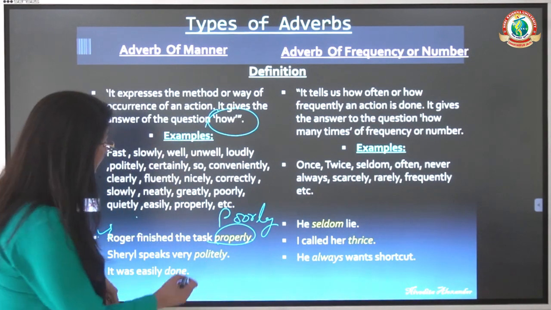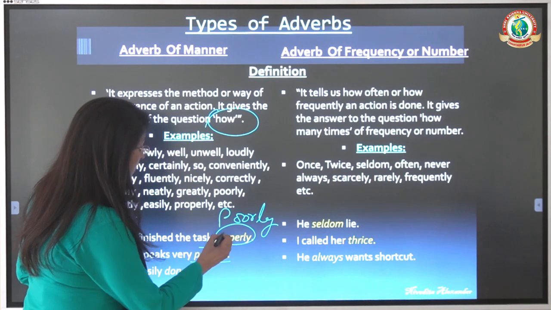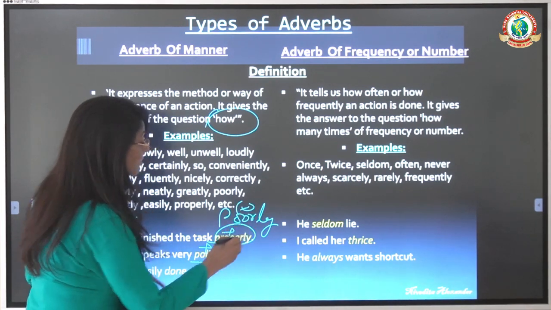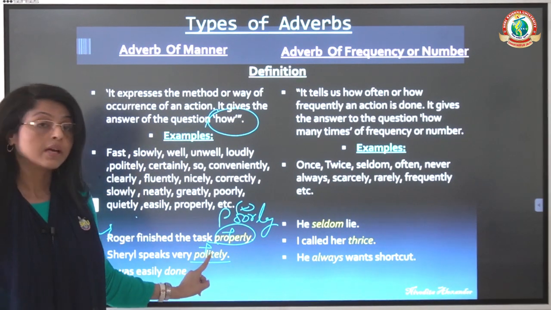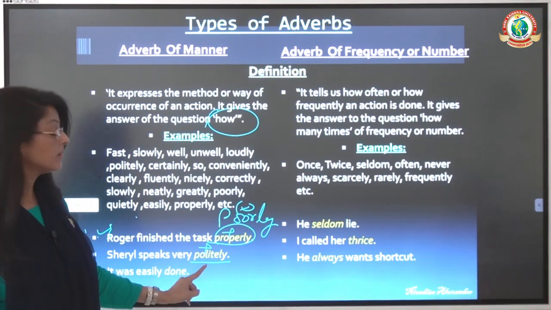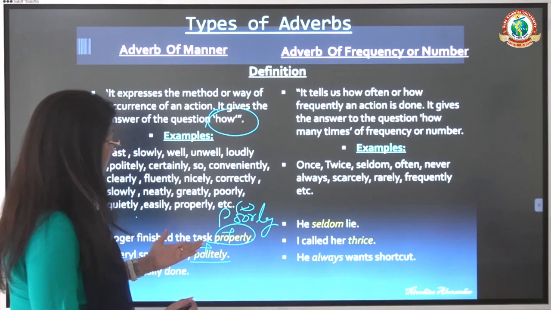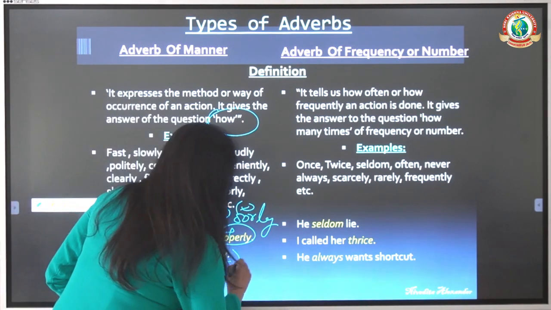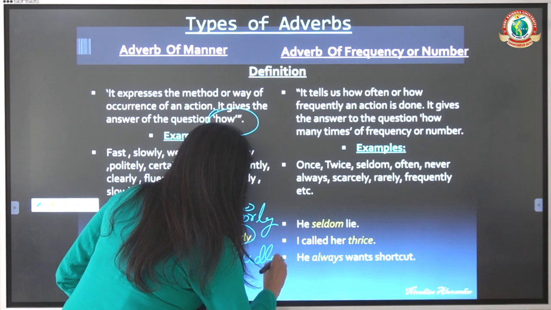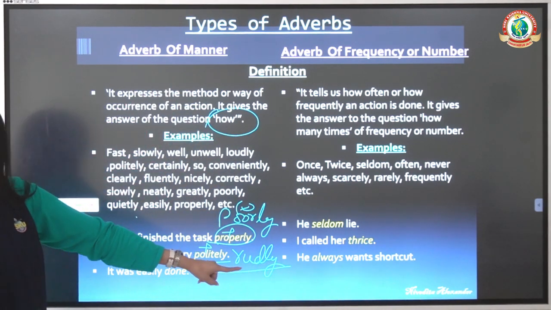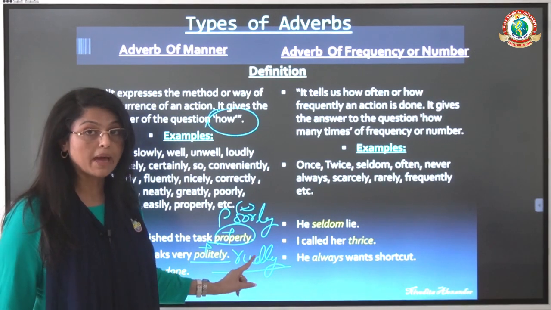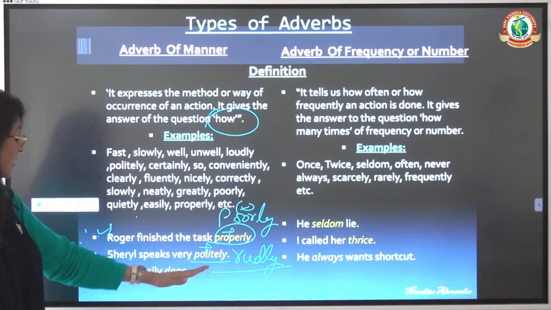So this word politely is a positive adverb of manner. Now if we have to replace this with a negative adverb of manner, then how will we say? We can say rudely. So this rudely is also a type of manner, right? It is a negative type of manner. It is not a positive type of manner.